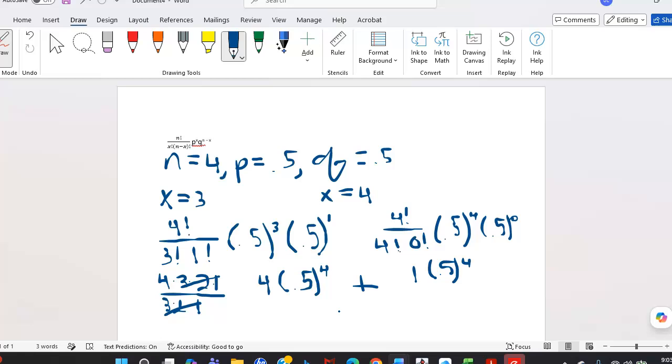And if I put that into the calculator, 4 times 0.5 to the 4th ends up being 0.25. And then 0.5 to the 4th ends up being 0.0625.